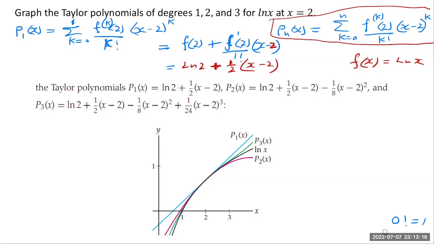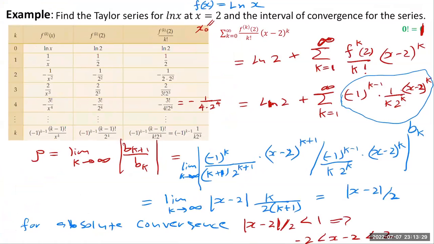You follow a similar pattern to find other polynomials, okay? If you want to find P2 here, you take the summation up to 2, okay? You expand and then find. You can get the help from this table to find those values. For example, if you want f2 of 2, when k is equal to 2, you have f2 of 2.